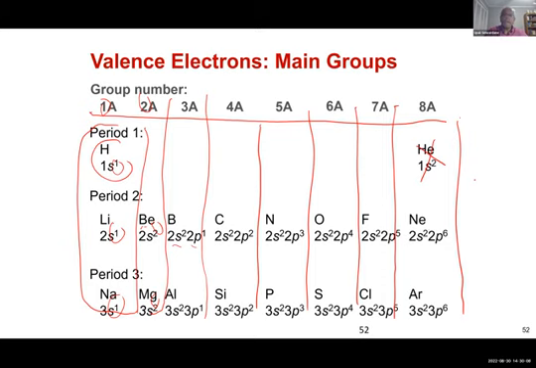Helium is an anomaly here because 1s can have only one s orbital. There are only two electrons. 2s, 2p: there are 6 of them, so 2 and 6 electrons. So all of them after the first period have a valence shell of 2s2, 2p something. So we have talked about valence electrons in main group elements in detail now.